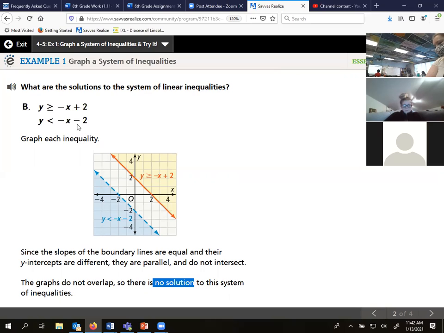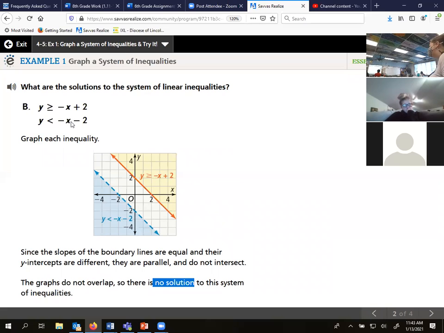Negative 4, and this is still a 1. Is 1 less than negative 4? No. And that's why that's not in the blue section. Like you would be able to find ordered pairs that if you replace the X and Y, you make it true. This one, you can't do it.